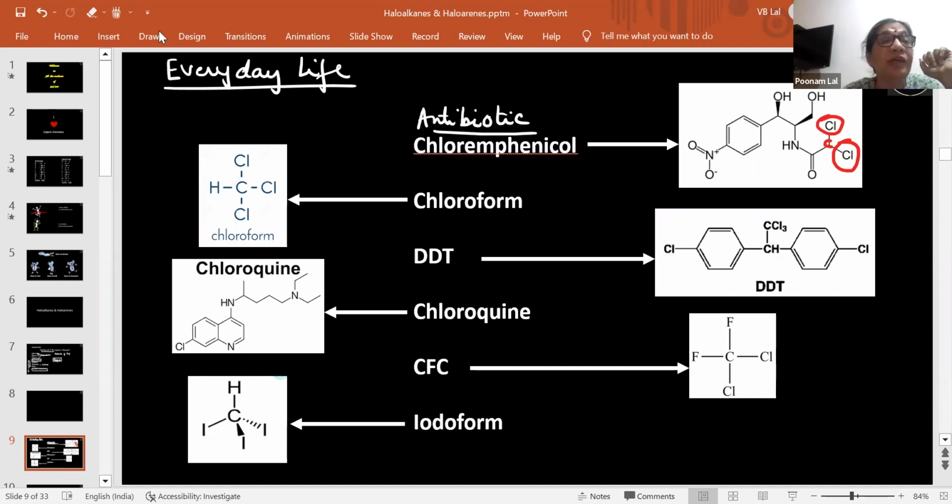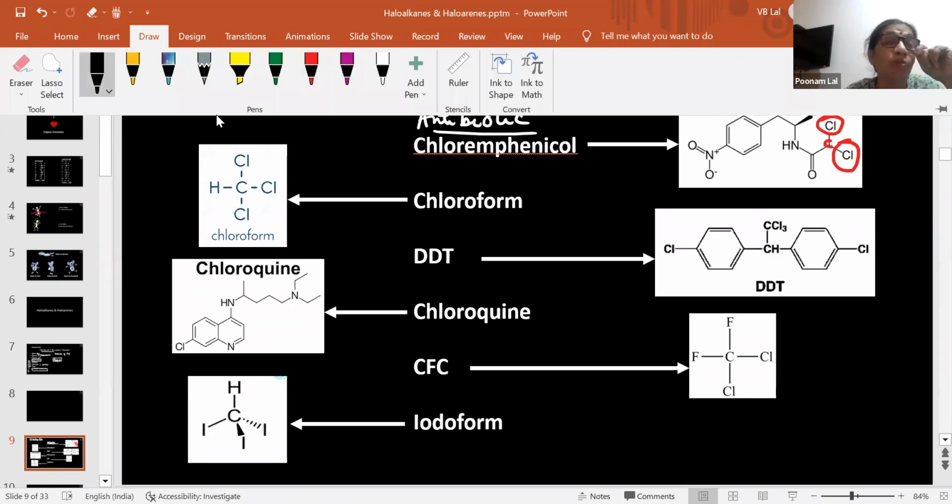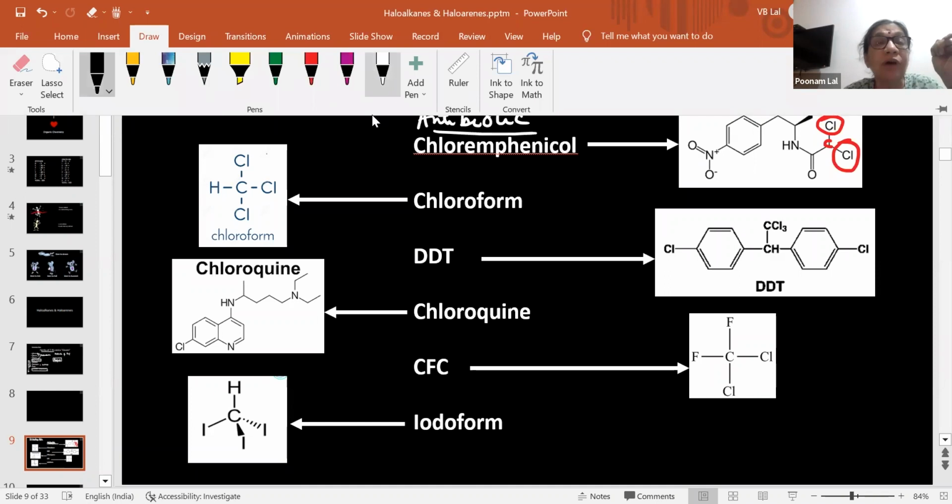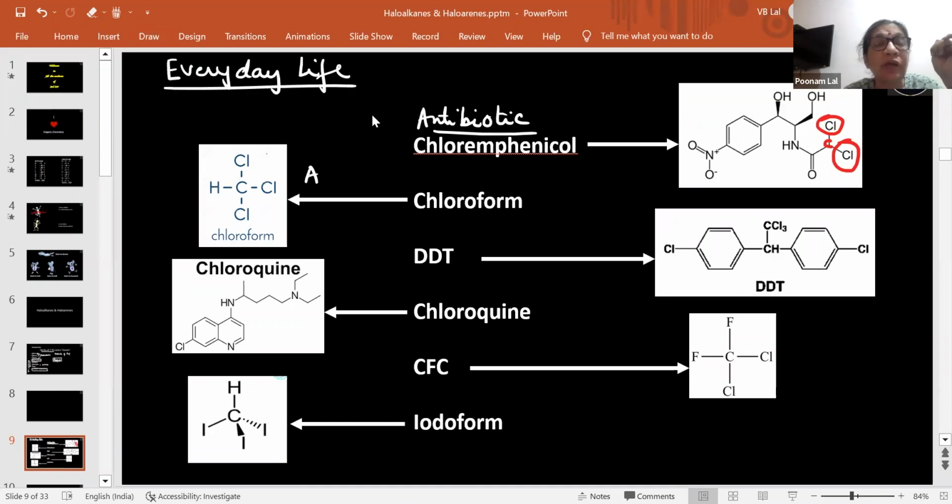Now the second one here is also a very important, interesting compound. This is chloroform. You must have heard of chloroform. It is one of the most ancient anesthetics. Anesthetic is used to temporarily put a person to sleep.